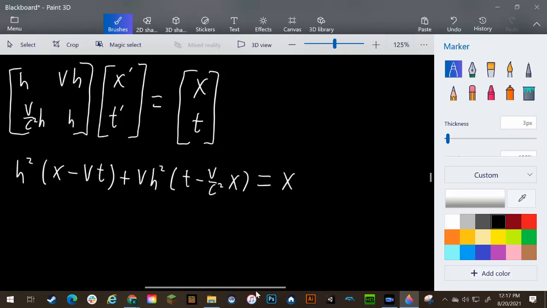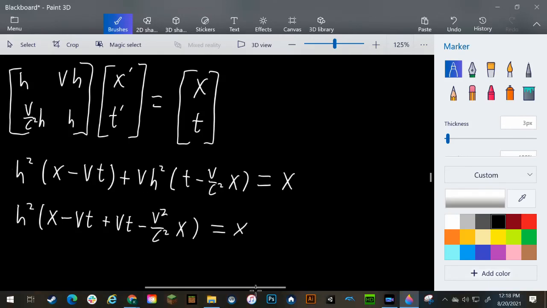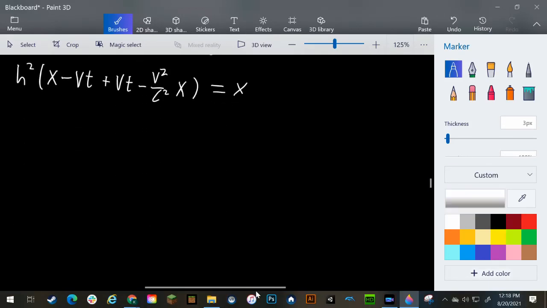And now, before we do the second part of our matrix vector multiplication, let's just simplify this a little bit, because we can pull some things out, like this h squared we can pull out in front of everything. And let's just distribute this v inside of these parentheses. Well, look at this. We've got minus v t plus v t. Those are going to cancel out.